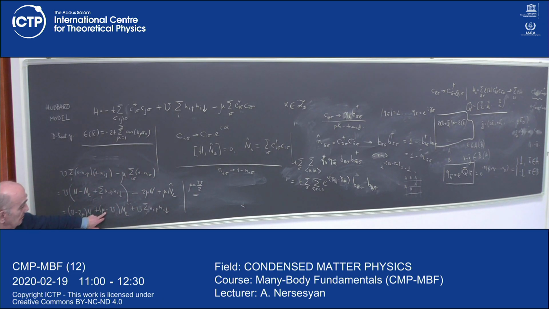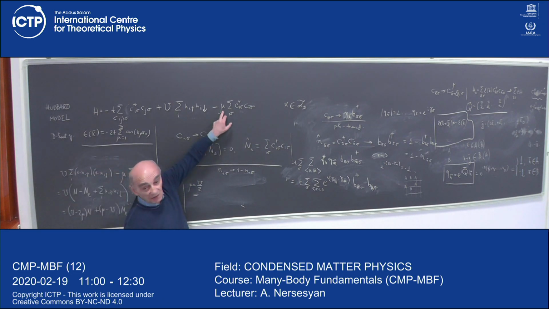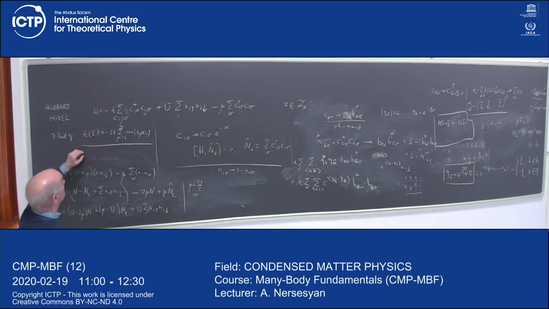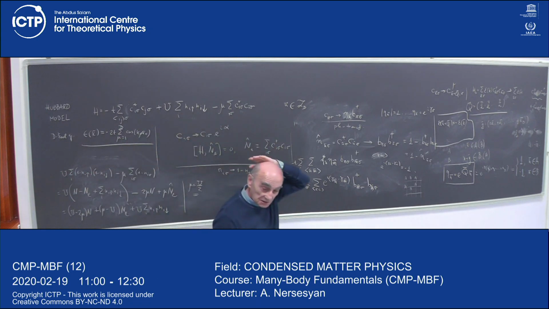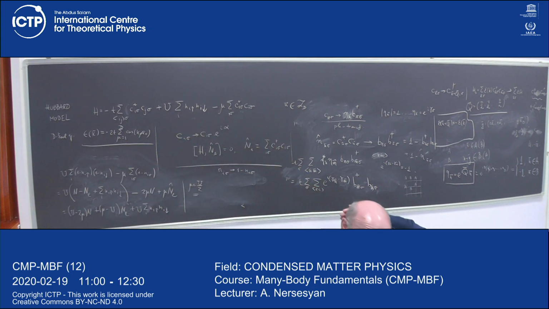This term is equal to minus u divided by 2. And this term is also minus u divided by 2. And the interaction part and the chemical potential part transform to itself.